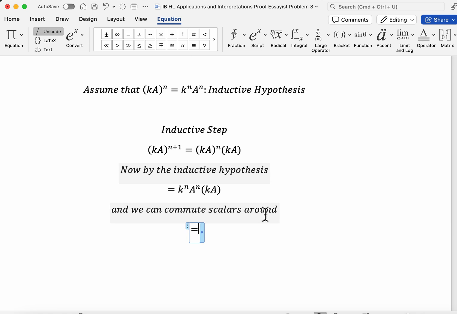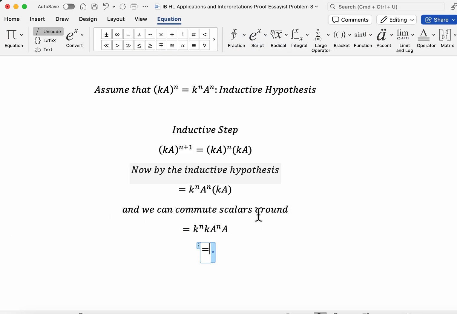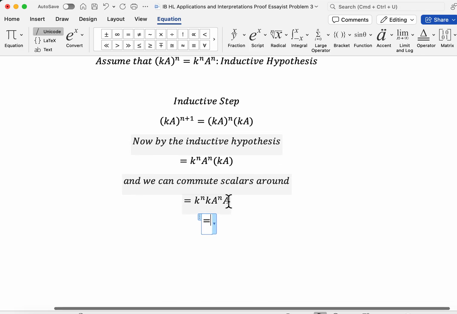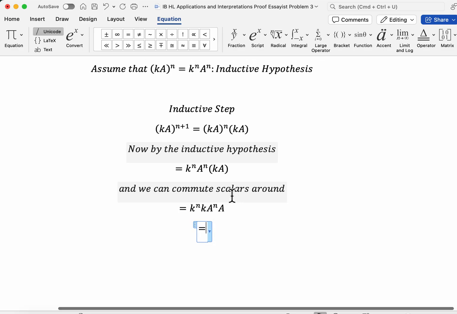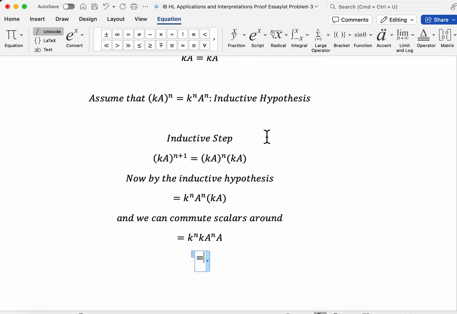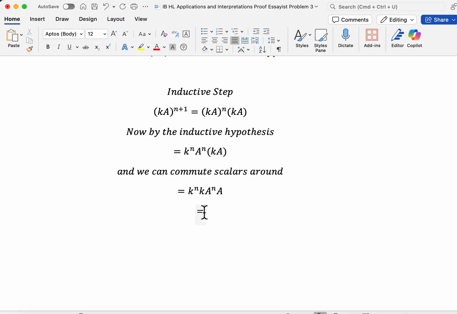So this leaves us with k to the n k. I could have moved this k to the left or to the right of k to the n, it doesn't matter. But this leaves us essentially with a to the n times a next to each other here. I didn't move the matrices around, I only moved the scalars around. So now I can just combine this using laws of exponents. So the algebra really, in essence, is laws of exponents. Get k to the n plus 1, a to the n plus 1.